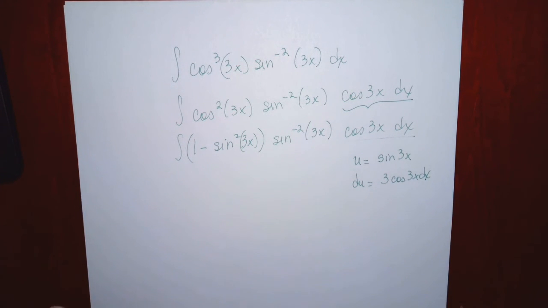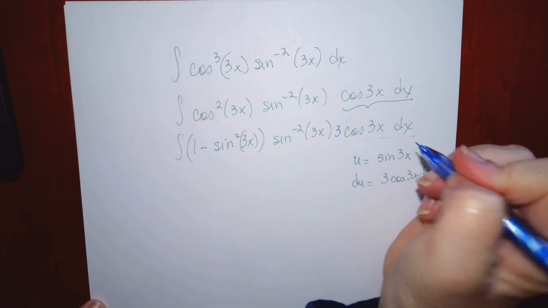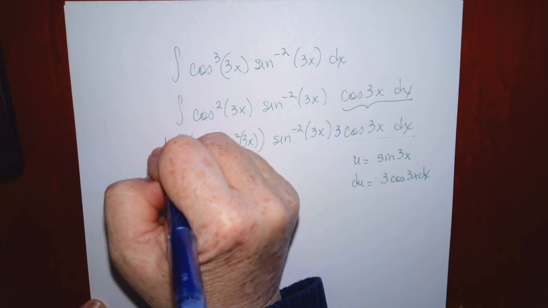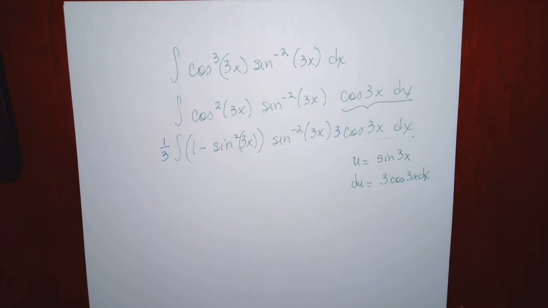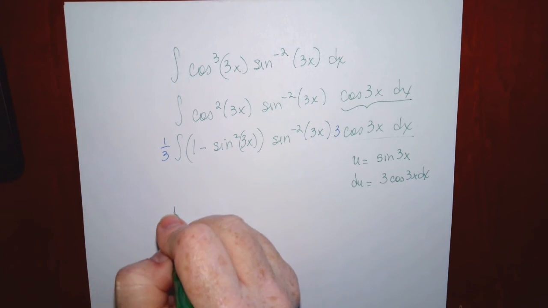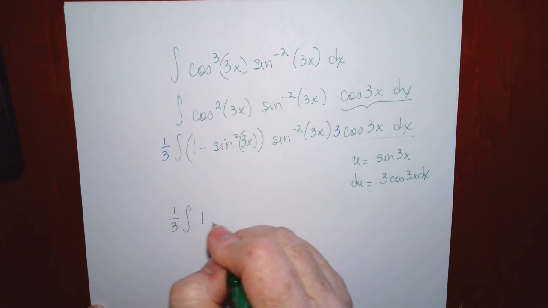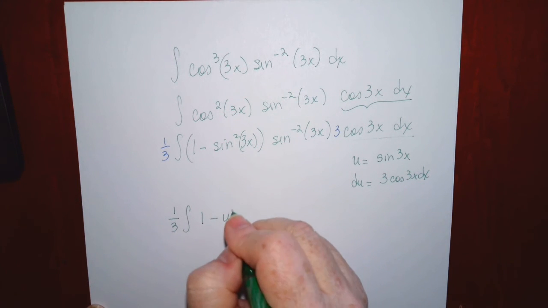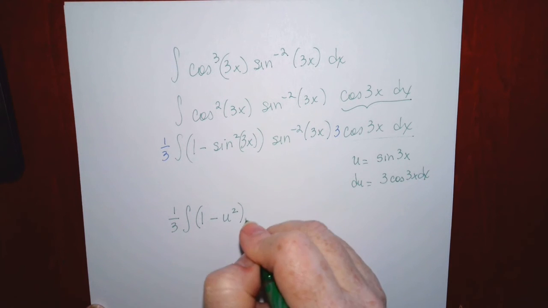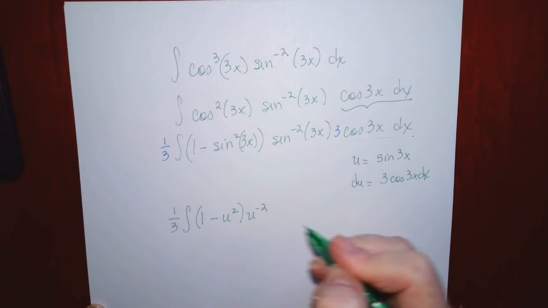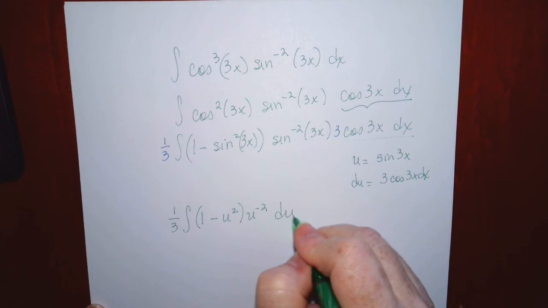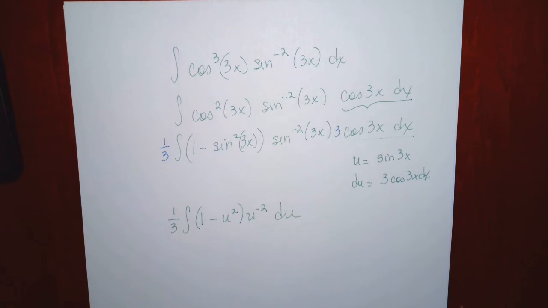So I'm going to multiply by 3 and reverse with a 1/3 out front. And we will have 1/3 the integral of 1 minus u squared times u to the negative 2 du.